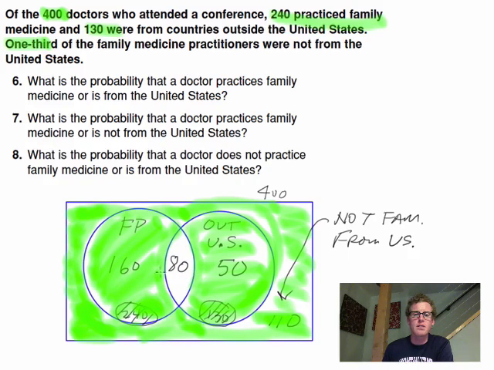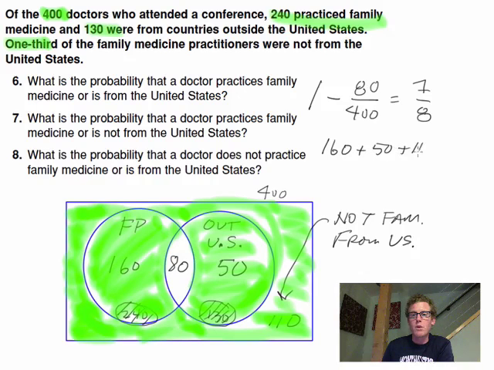So you could almost look at this as a complement problem where I'm doing 1 minus the 80 over 400. There's two different ways that we could write this. We could do 1 minus 80 over 400, and that ends up being 7/8. Or we could do 160 plus 50 plus 110 all over 400, and that adds up to be 7/8.